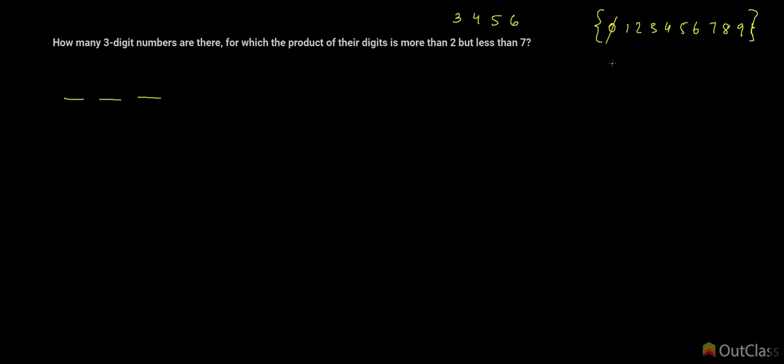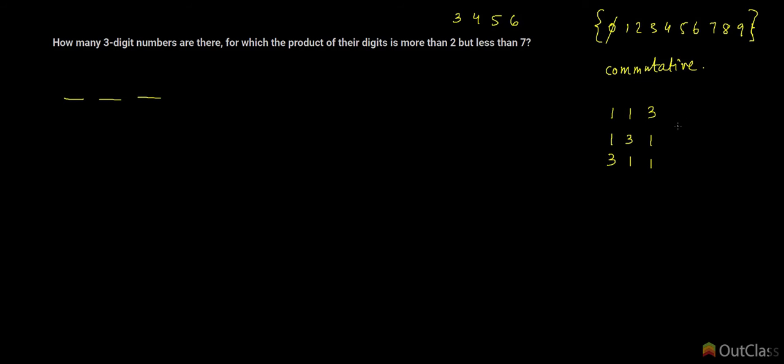Now remember that multiplication is commutative, so 1 into 2 is equal to 2 into 1, for example, which means that once you have a valid selection, you can put it in any order. The example that I would give you is, if I select 1, 1 and 3, I can put them in any order and they would all be valid 3-digit numbers.